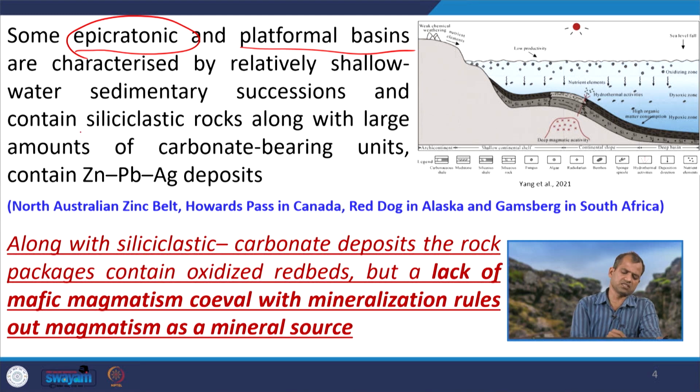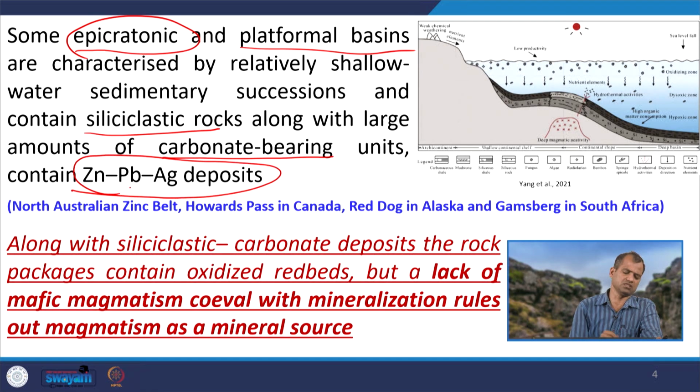Once these siliciclastic and carbonate bearing rocks go to a high temperature and pressure regime, different fault systems are active. Through these faults fluids are coming, and as we increase the temperature, this system readjusts itself. So, there will be leaching. Mostly they host zinc, Pb and Ag deposits.